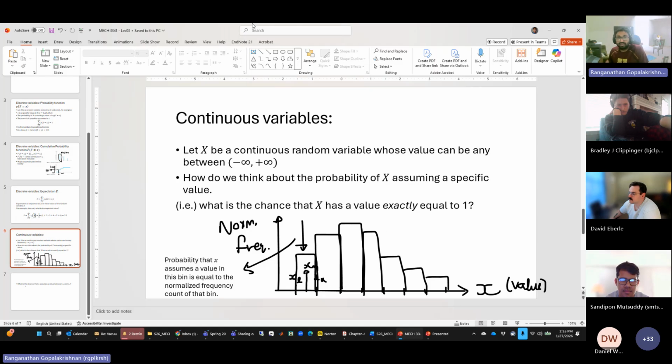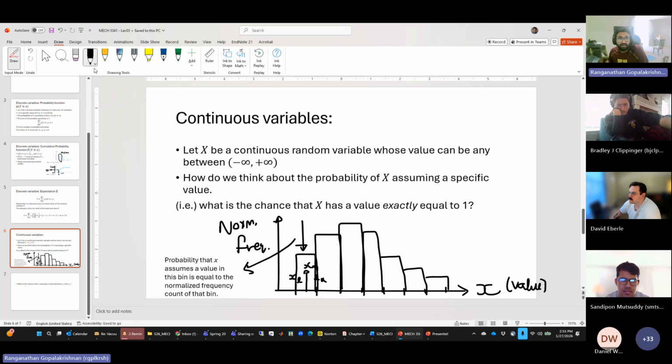I'll draw it with a different colored line. So if I define a new bin, which starts here and goes up to here, and I count this and the third frequency, add them all together, and I draw something that looks like this, does it make it more probable or less probable?